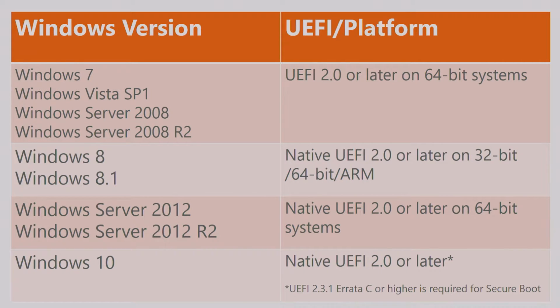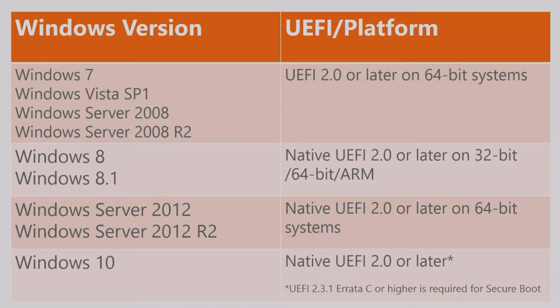So that specification was actually published by the UEFI consortium in, I think it was the summer of 2012. So that's going to be a good cutoff delineation when you do an assessment of your own environments of, all right, what can run Windows 10 Secure Boot and what cannot.